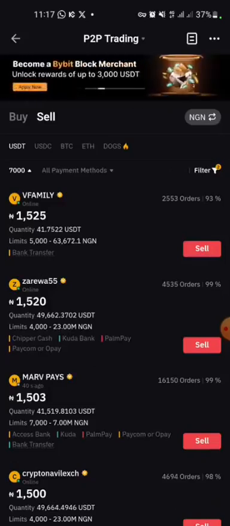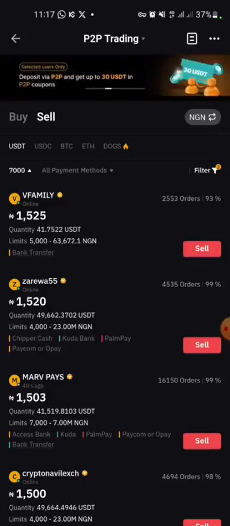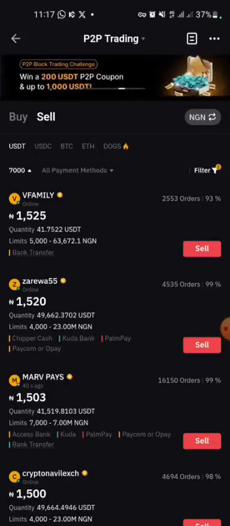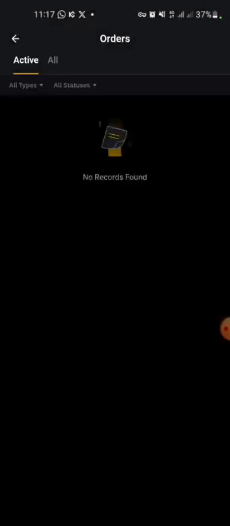Look at this icon, this four-corner shape with two dashes in between, and select it. This is where you see your pending orders. This is where you get your active order. So that order will be here because it's active, it's not completed.